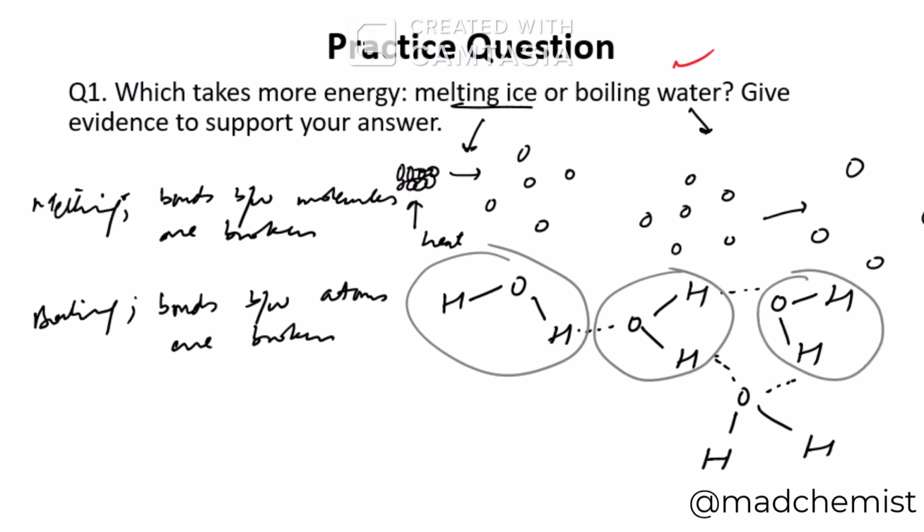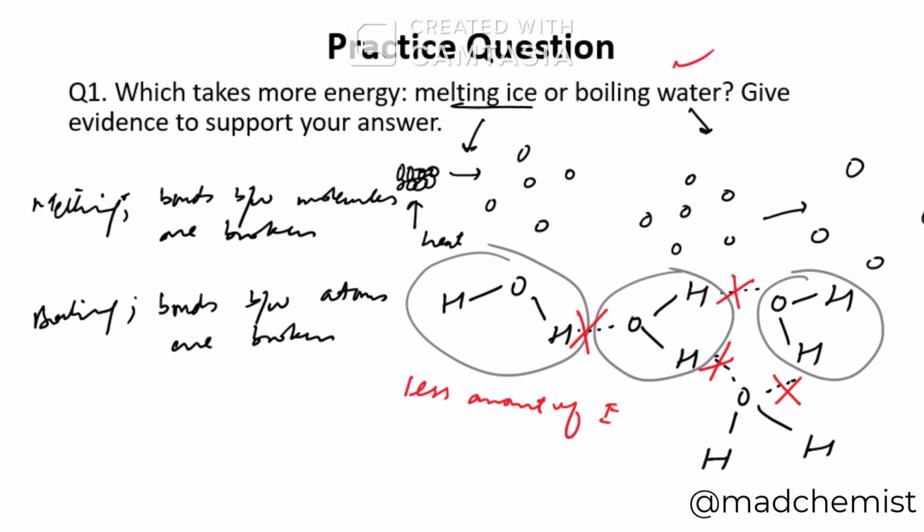In melting, each molecule breaks its bond with the other one and hence moves freely. So basically during melting, these hydrogen bonds break down. So a lesser amount of energy is required.